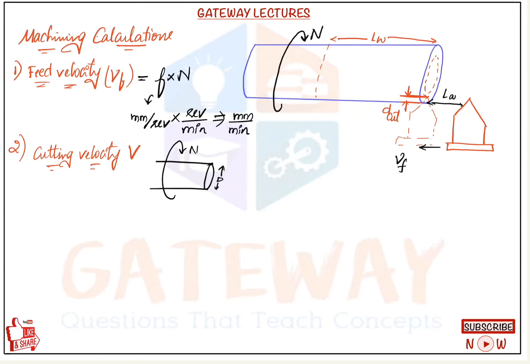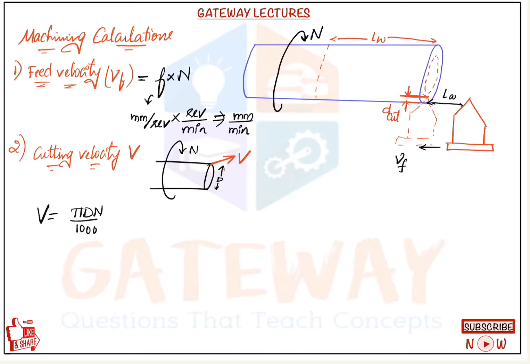Whenever the tool comes into contact at this point, the direction of the peripheral velocity will be the cutting velocity. So at this point the tangent will indicate the direction of the cutting velocity, and here cutting velocity is given as pi d n upon 1000.